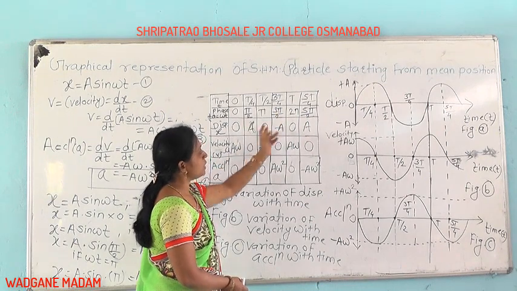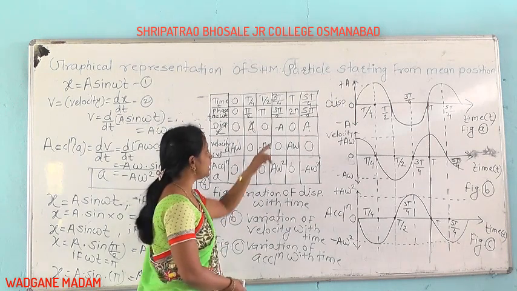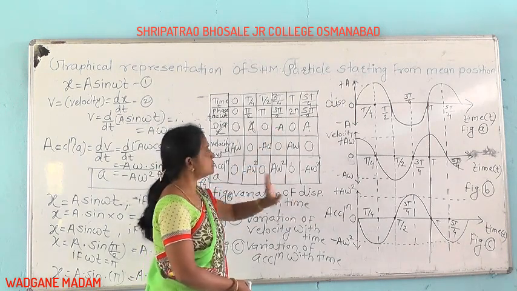After that, 3 pi by 2, 2 pi, 5 pi by 2, it continues. When omega t is 3 pi by 2, the value of sin 3 pi by 2 is minus 1. Therefore, x is equal to minus a.